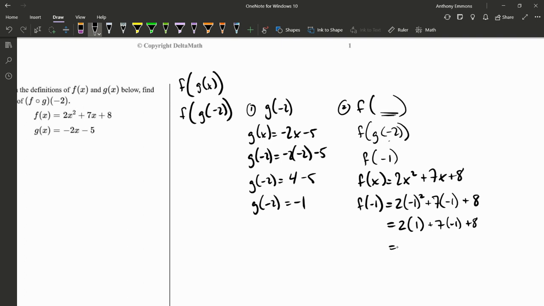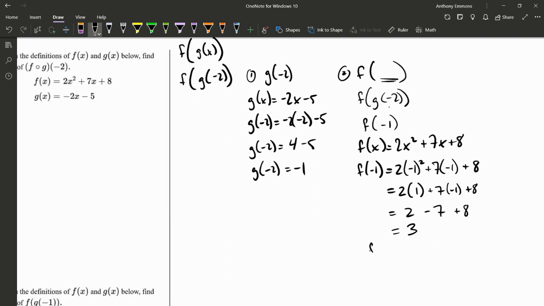Rewriting the rest, then multiplication: 2 times 1 is 2. 7 times negative 1 is negative 7. And then plus 8. From left to right, 2 minus 7 is negative 5, plus 8 gives me 3. So yes, f of negative 1 is equal to 3.